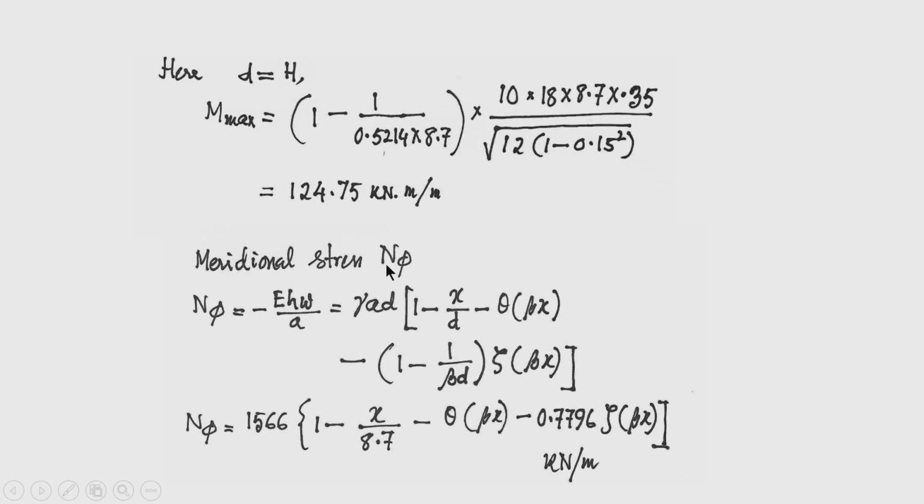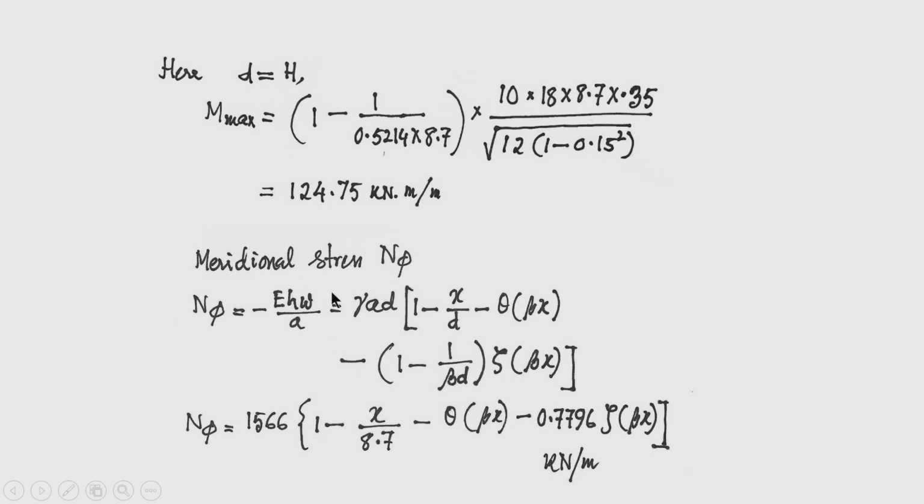Meridional stress, hoop stress, can be calculated as N phi equal to minus E h w by a. After substituting w and writing it using the special functions theta and xi, we can express N phi as gamma a d into (1 minus x by d minus theta beta x minus 1 by beta d into xi beta x).